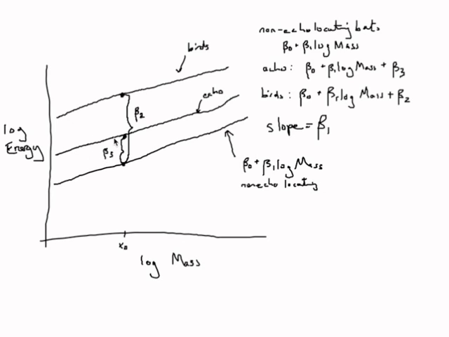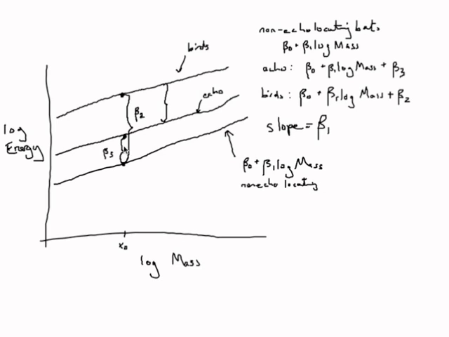So beta 3 describes, for any particular log mass, the difference in mean log energy between echolocating bats and non-echolocating bats. Beta 2 describes the difference in mean for any particular log mass between birds and non-echolocating bats. If I wanted to compare birds to echolocating bats, I'd be interested in the distance between these two lines.